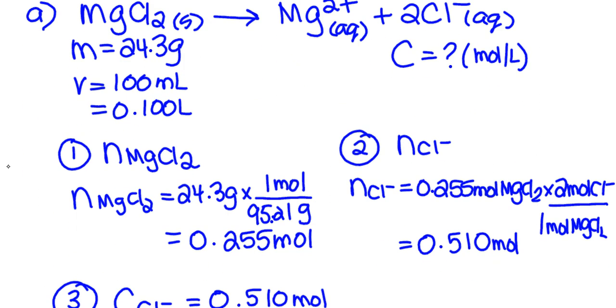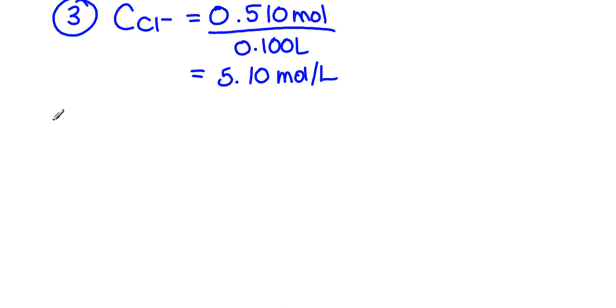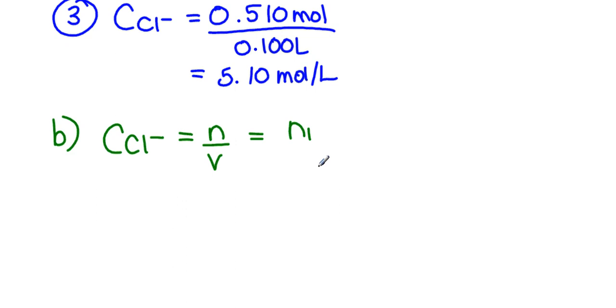So let's try and break this down. For part B, if we want to find the chloride ion concentration, we know we need moles over volume, but this time we have 2 solutions added together. So one way of looking at it is we take the moles of solution 1 from part A, and we find the moles of chloride ions from solution 2 in part B, the lithium chloride, and add them together.